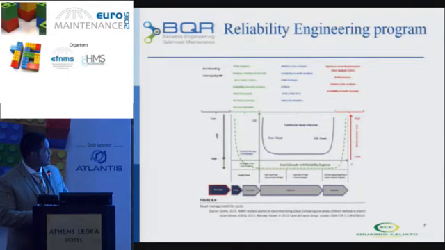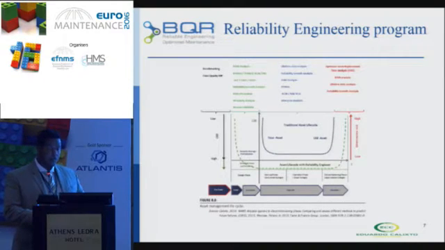And then you have a high performance in your asset during useful life, and you also postpone your wear out phases. So the main point is what you're going to do in each different phase of your asset life cycle, along the full life cycle.